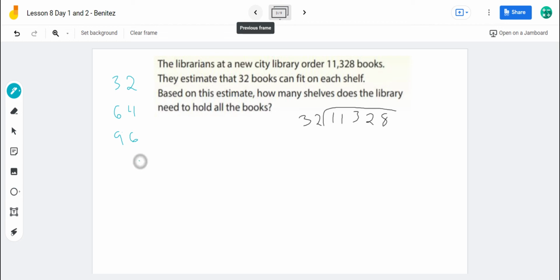Then we get 2 plus 6 is 8. 3 plus 9 is 12. 128. Plus 2 is 130. Plus 30 is 160. And I'm going to stop there. I hope that's enough. If not, we can add more.